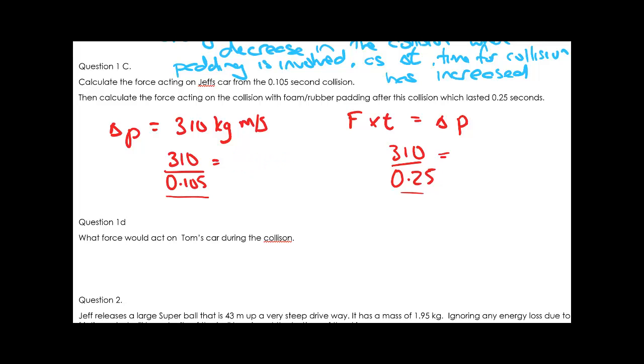I think I just did that. 310 divided by 0.105 equals 2,952. And then if we do the other one, 310 divided by 0.25, that equals 1240. And we'd expect these to be different, and obviously that's newtons.